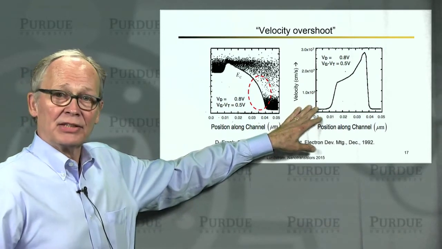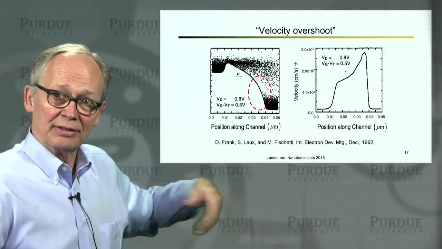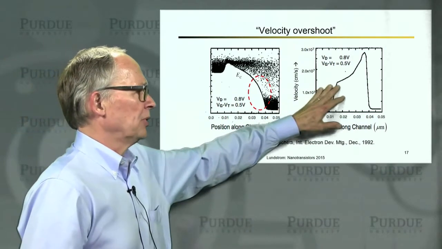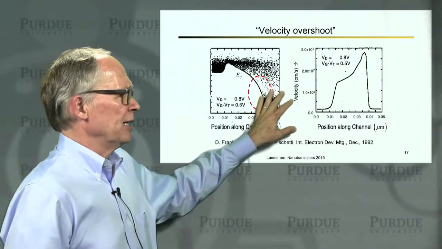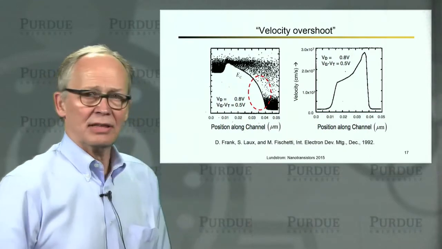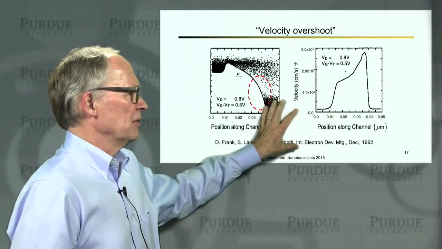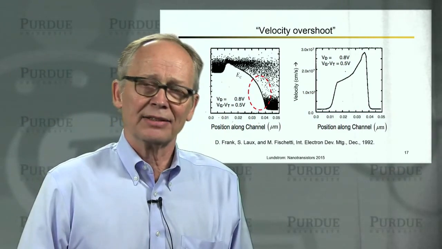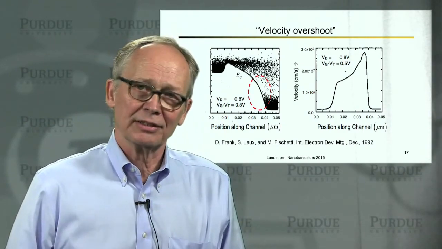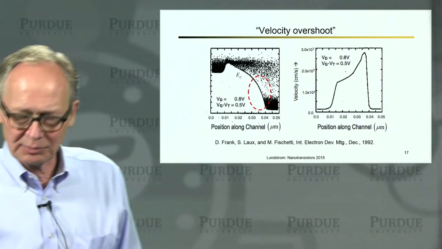So there are lots of electrons, so it doesn't take much electric field to carry the current. It pops up and becomes large when we get into the channel. As you get deeper and deeper into the channel, the velocity gets higher and higher. And then when the electrons enter the drain, they lose all of their velocity, and there are lots of electrons to carry the current in the drain, so the electric field is very, very small.